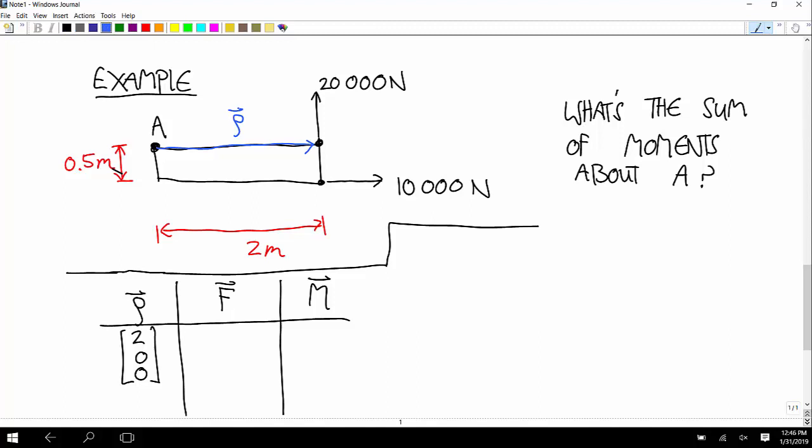And what are the components of the 20,000 Newton force? Yep, 0, positive 20,000, 0. And the cross product of 2, 0, 0 and 0, 20,000, 0 is just 0, 0, 40,000.